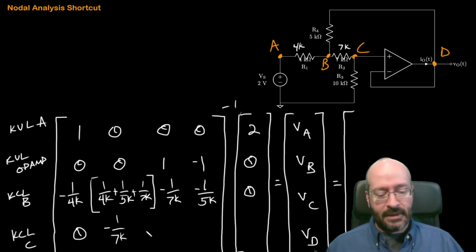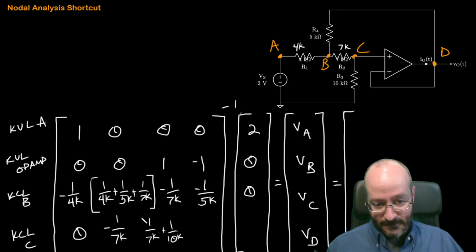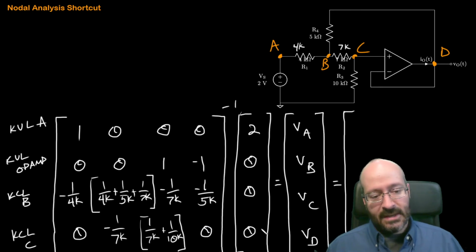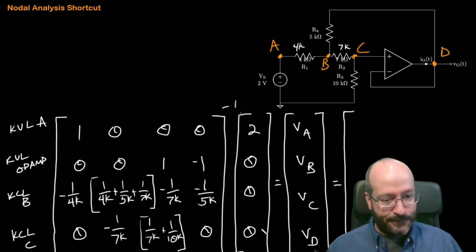What's connected to C? Period. We've got 1 over 7K and 1 over 10K. Go slow and get it right, folks. Okay, what's connected to C that's connected to D? That's nothing. And there are no current supplies connected to node C.